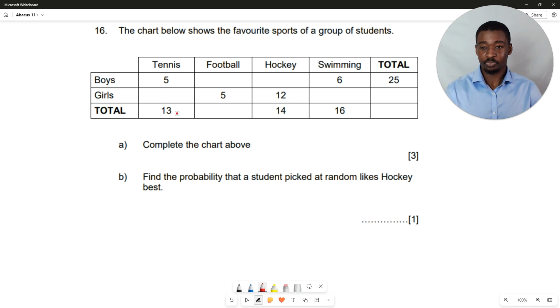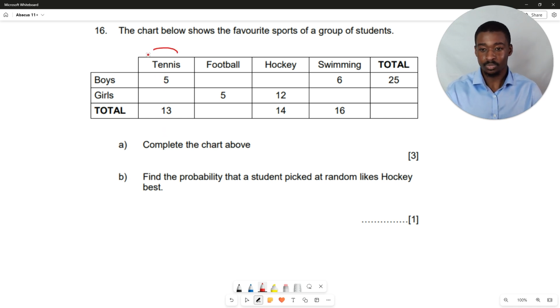Now, for this question, we have to fill in this chart. And the way we're going to do this is by first starting with the easy, quick wins. And those easy, quick wins will be found where there's only one unknown. So here, for example, we only have one unknown.